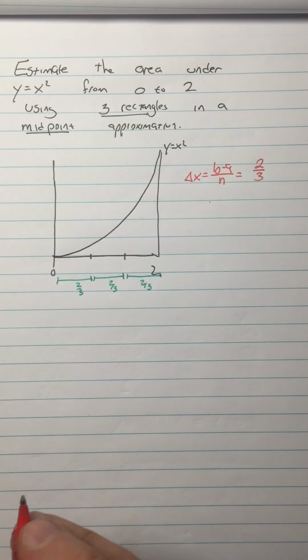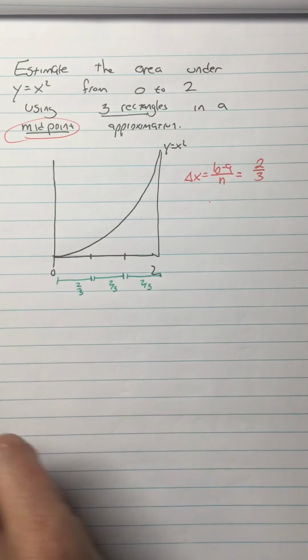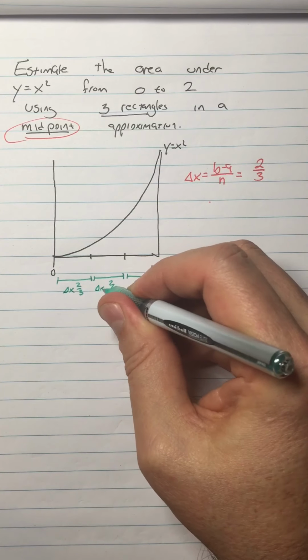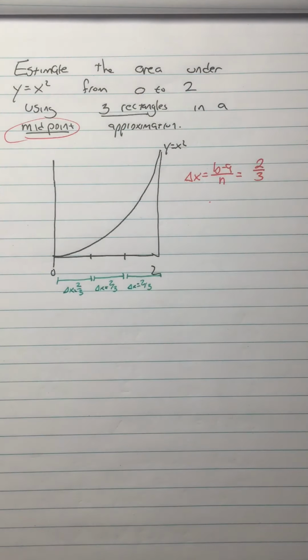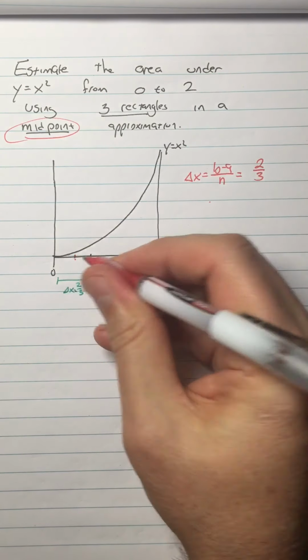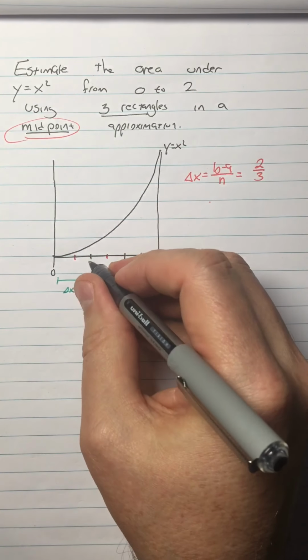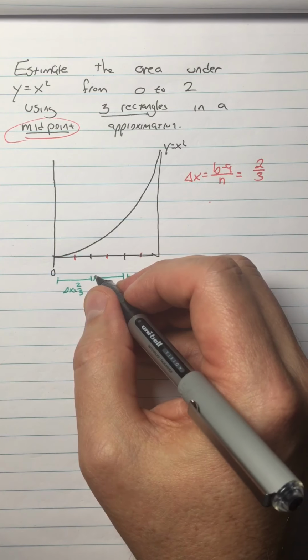Okay, now, what does it mean that we're going to use a midpoint approximation? These are our rectangles. This is the width of our rectangles. But we're not going to use either endpoint. We're going to use the midpoint of that interval. These values here are the edges of the rectangles, but they're not the x sub i's.